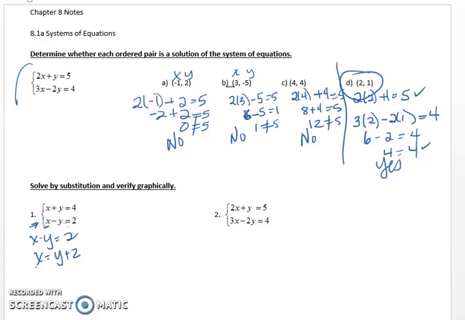So now I take this equation for x right here and I plug it into the first equation. Instead of x, I replace that x with y plus 2. Y plus 2 plus that original y equals 4. Combine like terms, I get 2y plus 2 is equal to 4. Solve it for y now, and I have 2y equals 2.